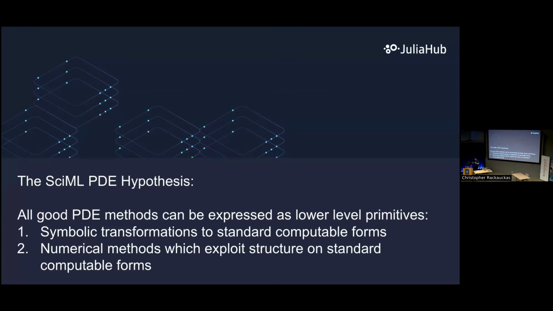I'm writing things that transform PDEs into some standard form with some information about special structure. And now on that standard form, I'm creating solvers that are able to use as much special structure as possible. If we think about it like that, we can start to decouple the development and work with different groups of people on different levels of this problem all in parallel.